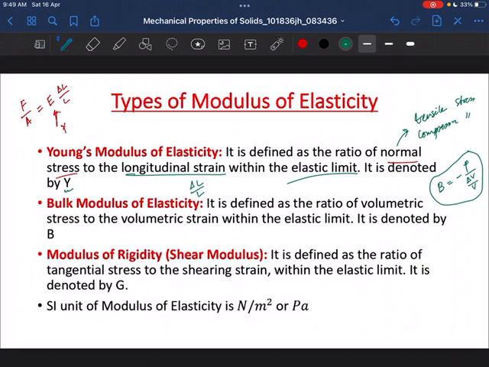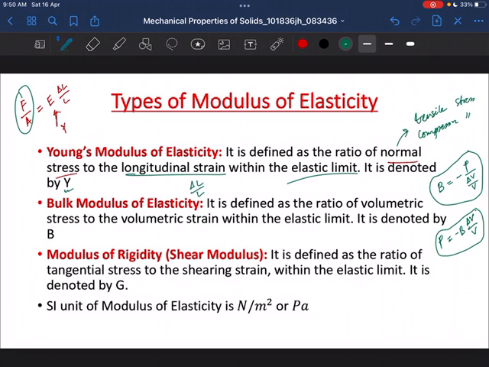Here pressure comes in, just like force per unit area, which is pressure. So P is equal to minus B into del V by V. This was the volumetric stress with volumetric strain. That's how we get bulk modulus of elasticity.